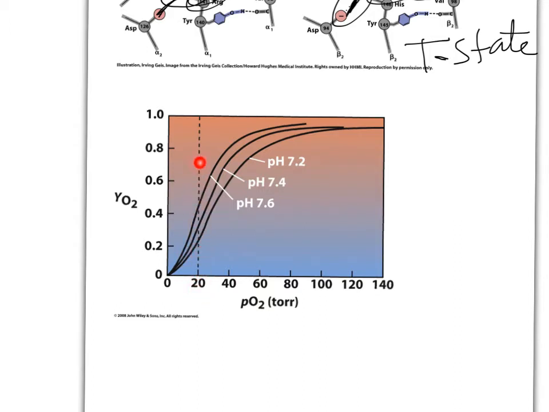So this PO2 of 20 torr is, I think, your resting muscle concentration of oxygen. And so you can see that at a lower pH, there's a lower amount of oxygen that's bound, so it got released.